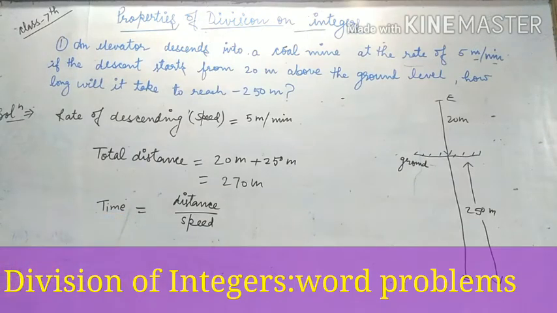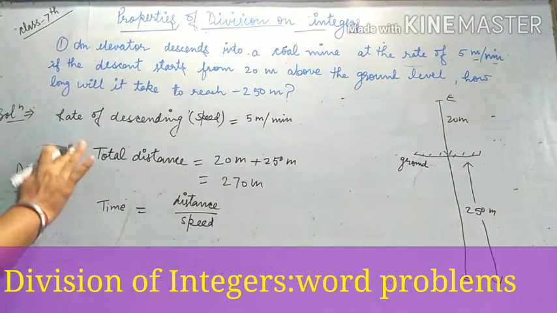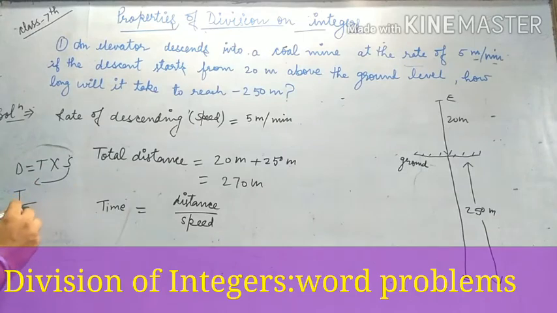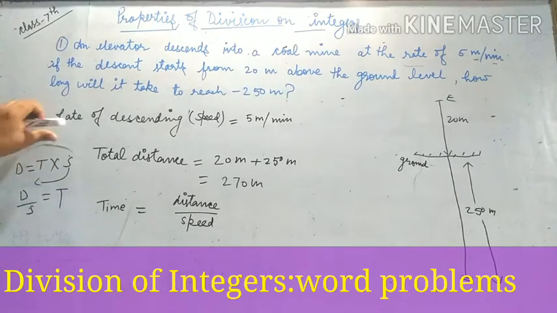Because the popular formula is distance equals time into speed. So if we transfer, the speed will go downside. So time equals distance upon speed. This formula we will use here.